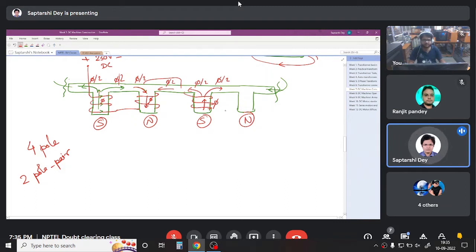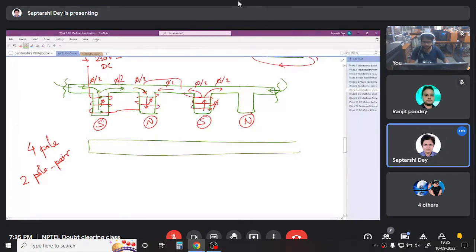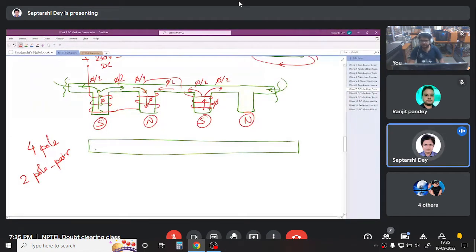This is how the pole is created on the stator of a DC machine by electromagnets. Instead of electromagnets, it is also possible to have permanent magnets. Say you have a DC machine stator like this, and inside you embed some permanent magnets in this fashion.